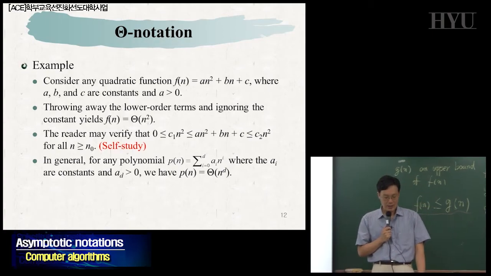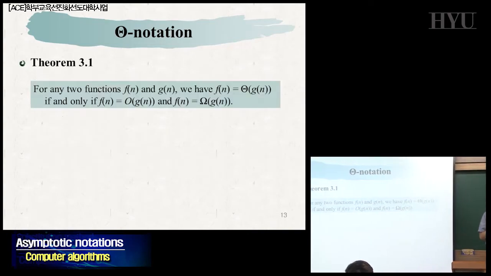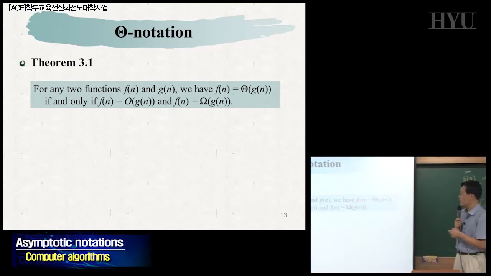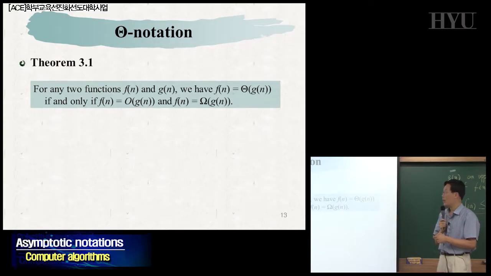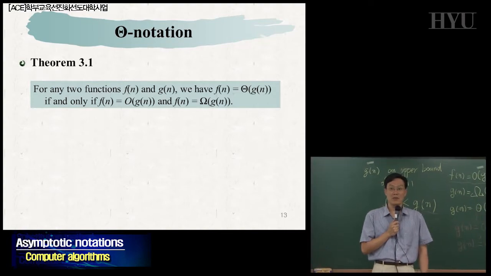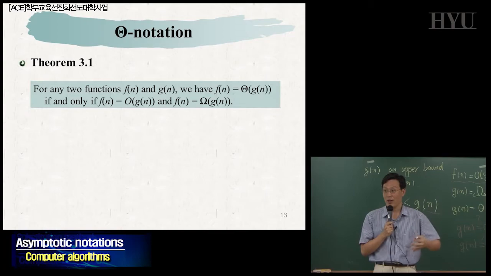Okay, and some theorems. That's not difficult. If f of n is theta of g of n, then f of n is big O of g of n, and f of n is omega of g of n. If you read the definition carefully, it's quite straightforward.